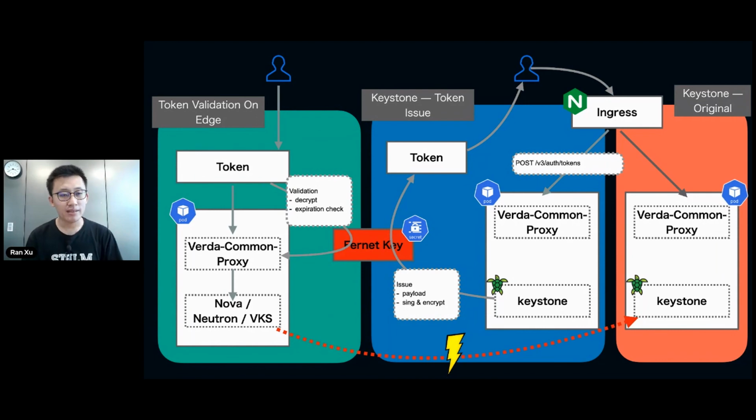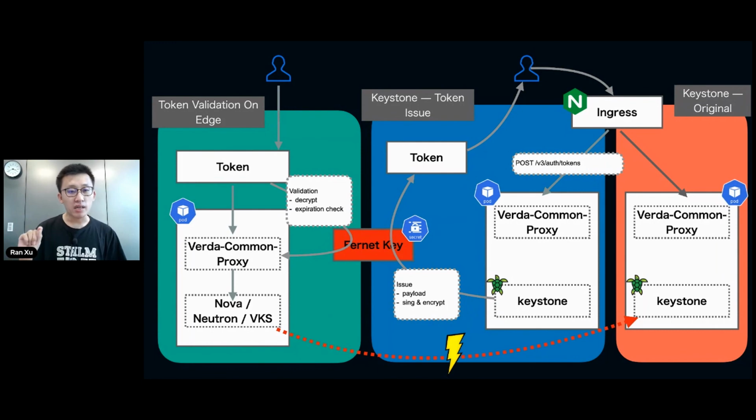So it means after this architecture is introduced to our identity service, even if the original Keystone service API, on the right side of this graph, is down, the token validation can still work.